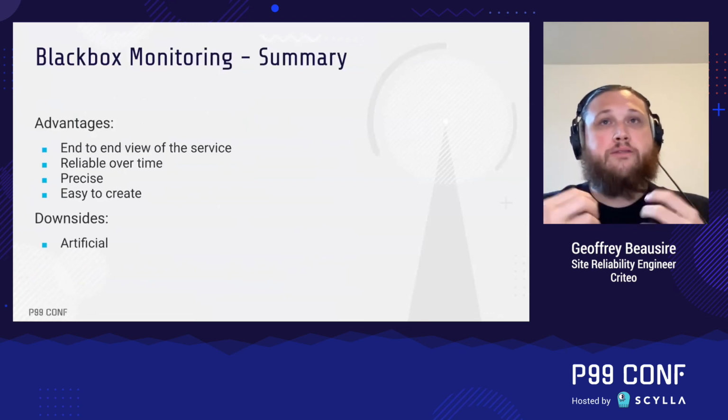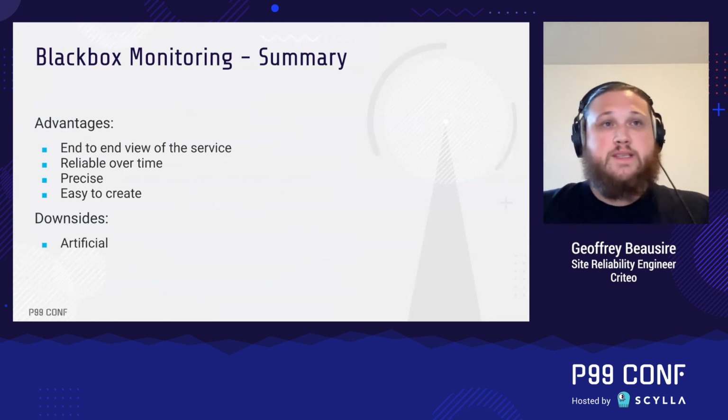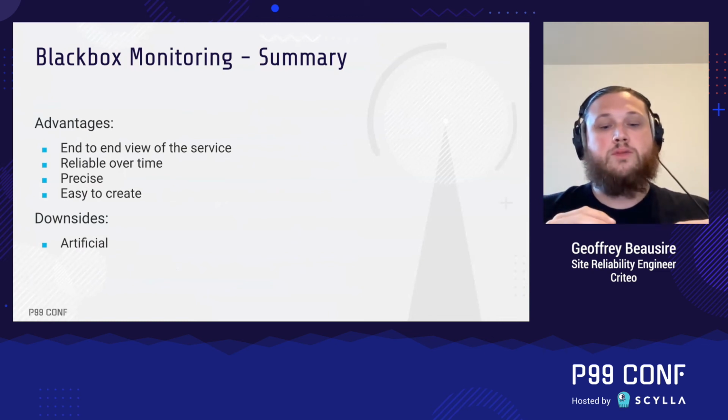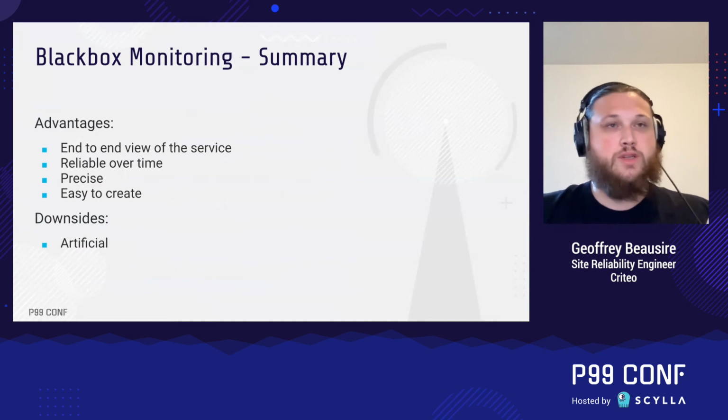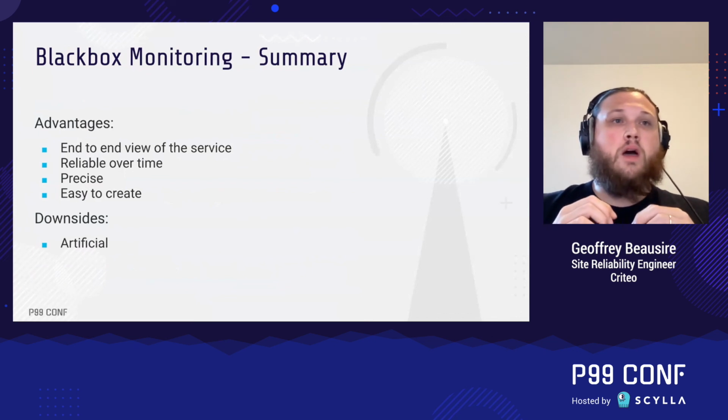So the summary of the black box monitoring. The advantages that it has is that it gives you an end-to-end view of the service. It's very reliable over time because you typically don't change the type of operations that you make. It's precise because you don't have any interferences. And it's easy to create.